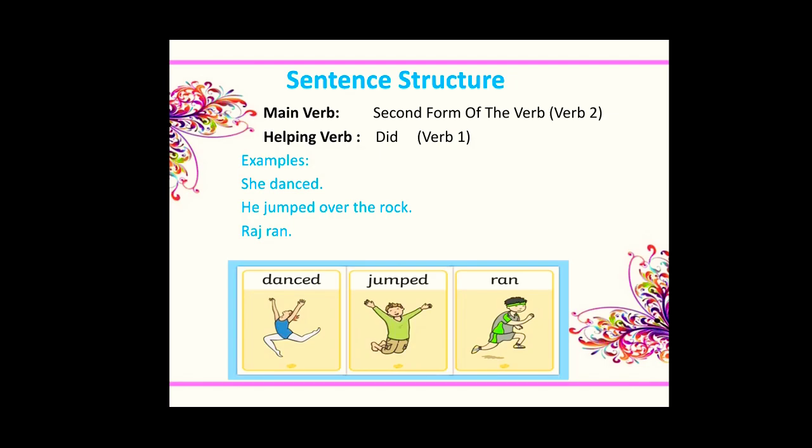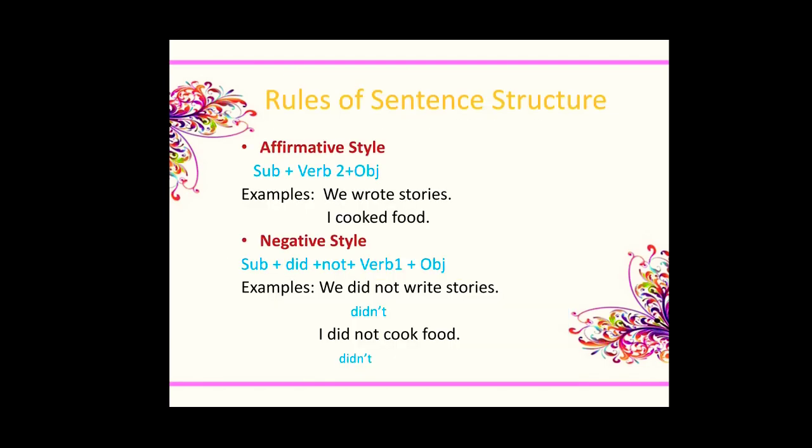Let's read a few more examples of past indefinite tense: she danced, he jumped over the rock, and Raj ran. Now we will see the sentence structure or construction. Again we have the same kind of rules for affirmative, negative, interrogative and interrogative negative styles.